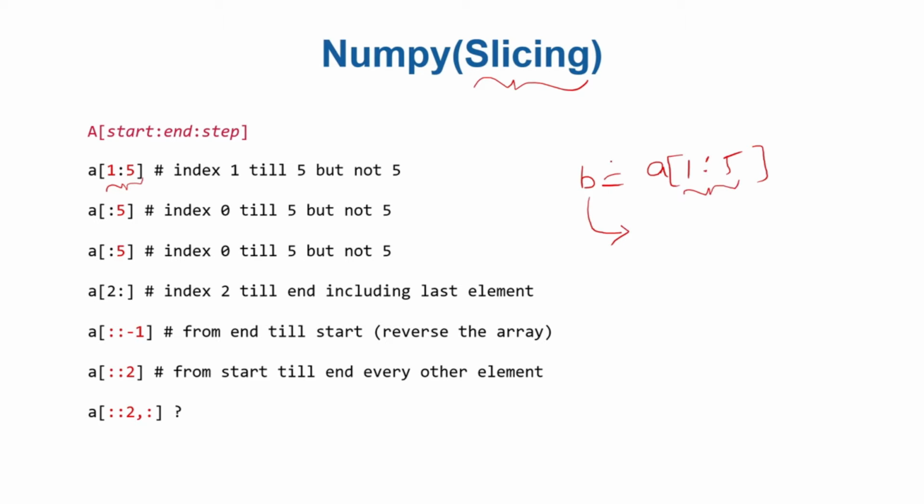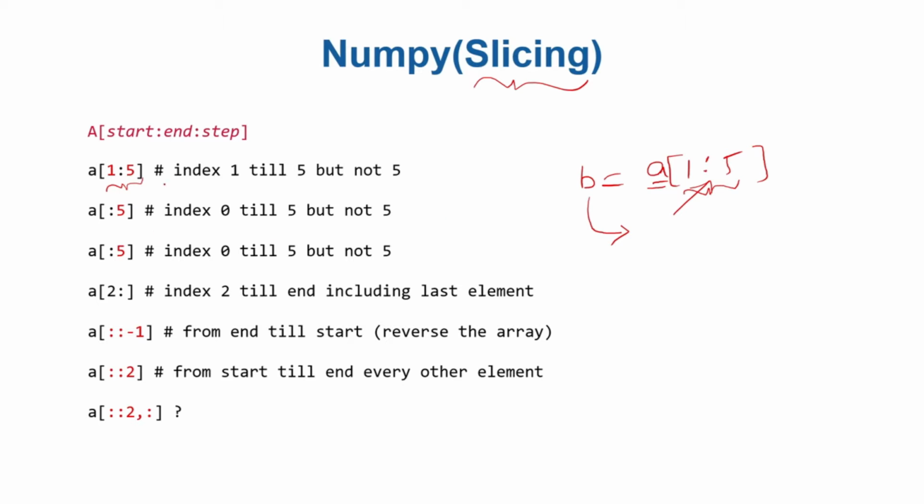Now if you change any element in b, the corresponding element in a will change, as long as a is a NumPy array. However, if a is a list or any other ordinary data structure, then this kind of slice gives a copy rather than a view. So that's an important difference.